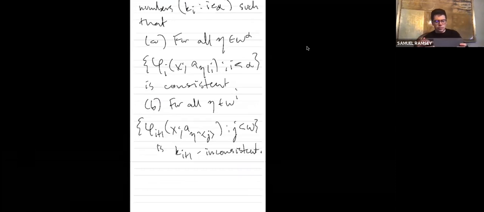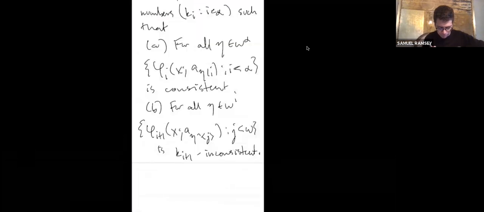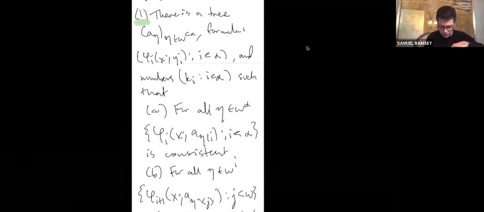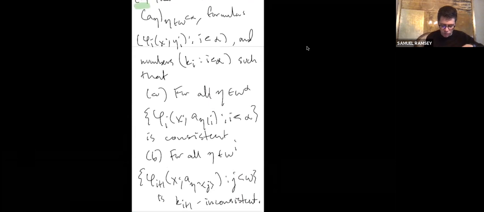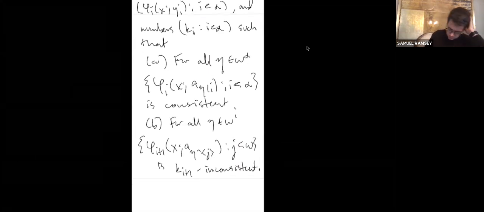Here, let me turn this. I think you might be able to get more of the screen. Okay, so you just said there is a tree, so I named the parameters, the numbers, and the formulas.